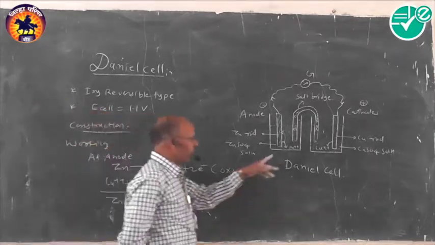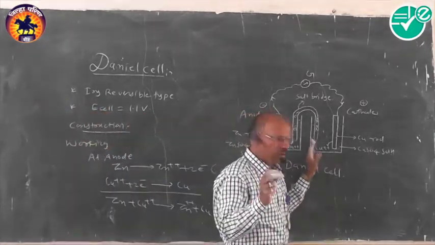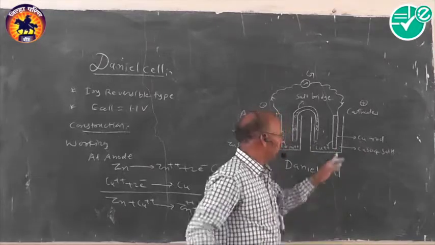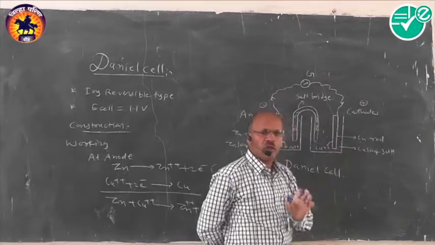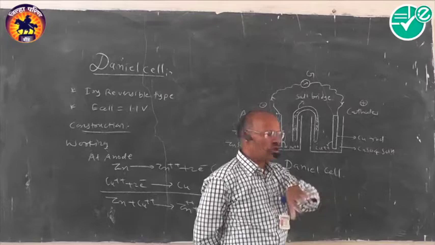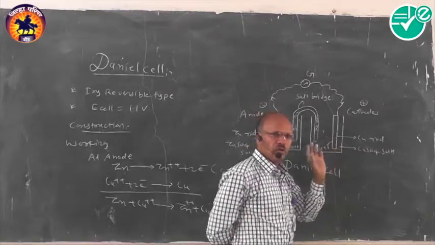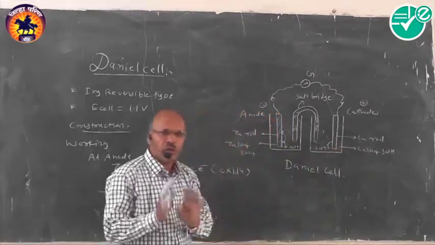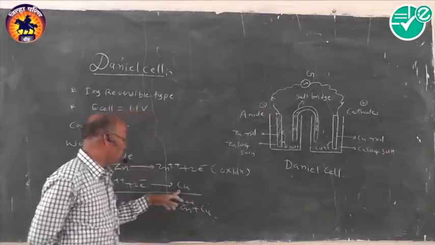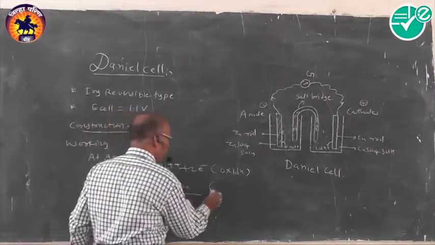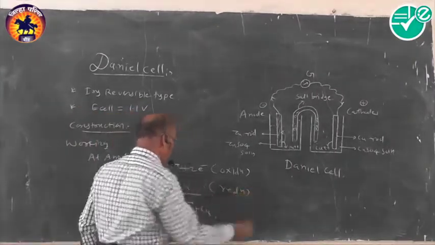So remember that in this particular case, the Cu2+ ions from the solution accept the electrons from the electrode surface and get reduced at the electrode surface. So this is the reduction process.